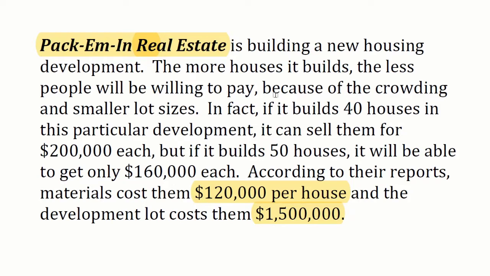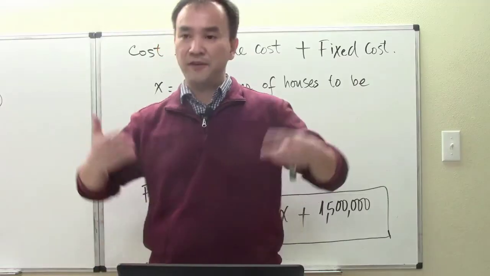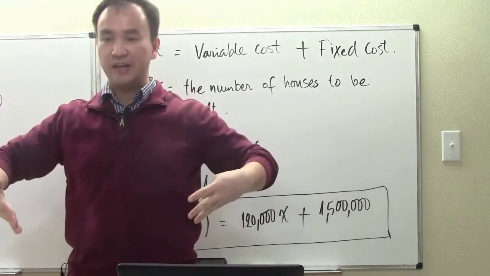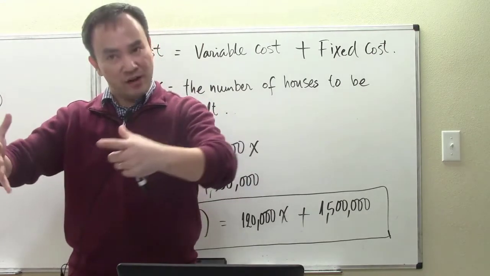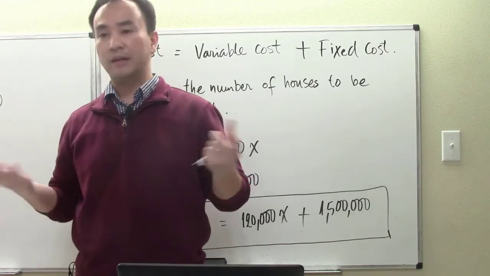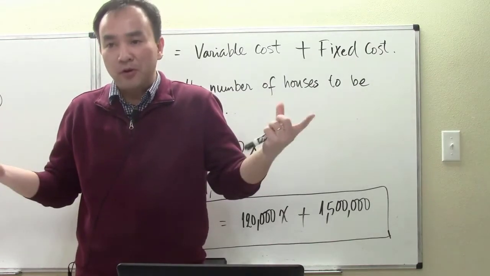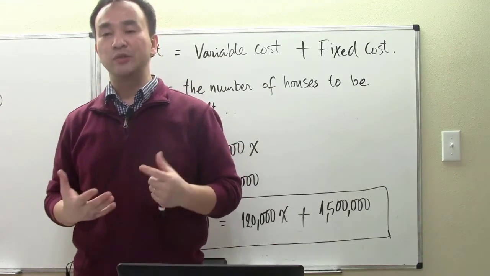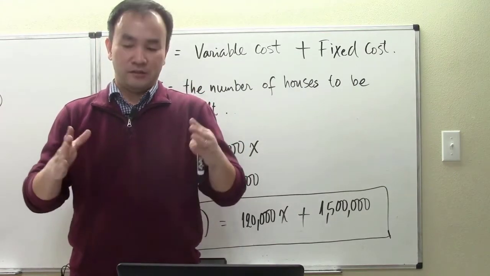Because on the same lot size that you bought for 1.5 million, if you're trying to build too many houses, each house gets smaller, so it attracts fewer buyers. Less people are attracted to houses that are too small.